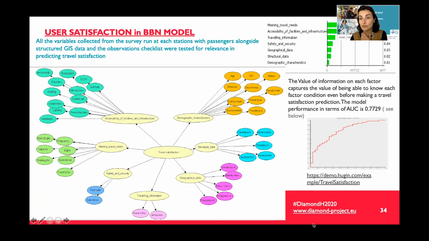Not only that, we also developed a Bayesian networks model that brought together all these data sets to identify how, for instance, changing demographic characteristics can impact the forecasting of travel satisfaction. So if instead of taking a generic user, we take a user with certain characteristics like caring responsibility, being a female in a certain age group, what is the likelihood of them being satisfied with travel provision as it is now?